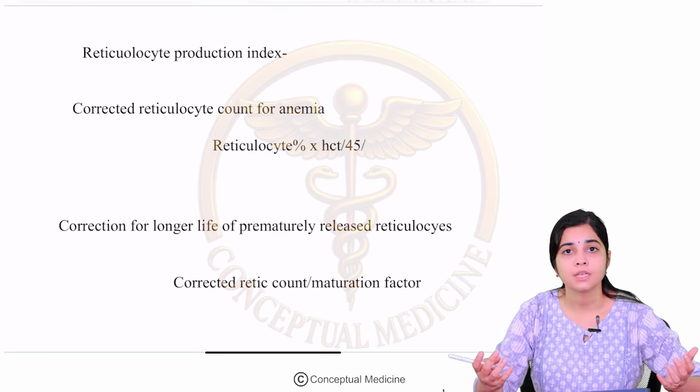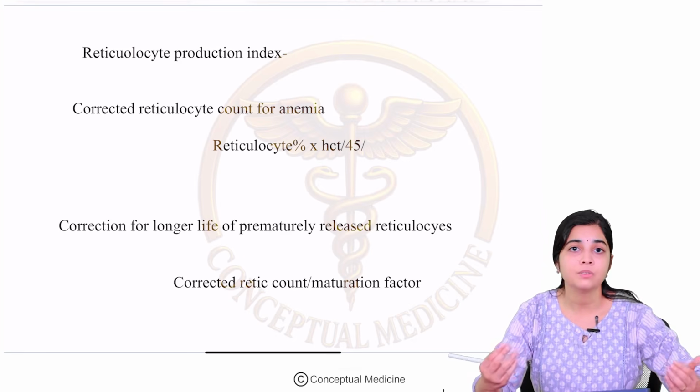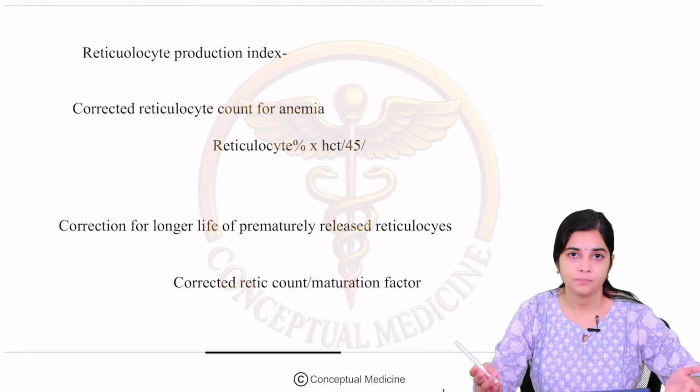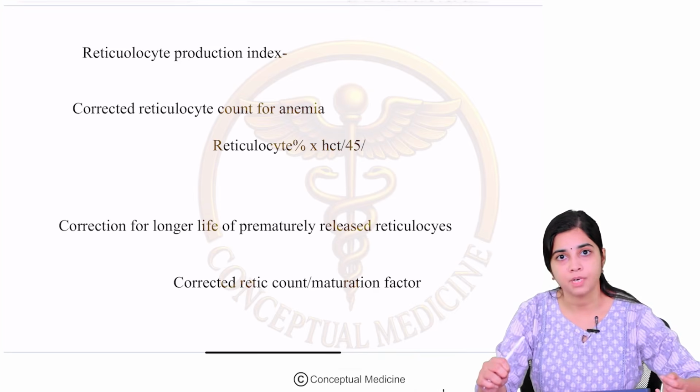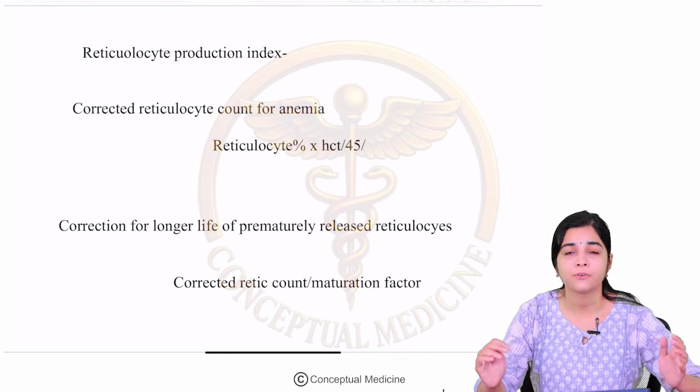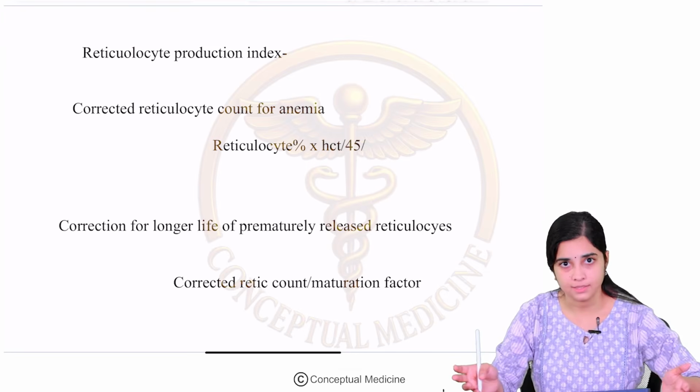In conditions such as anemia, there is going to be increased compensation by the bone marrow, correct? When there is increased compensation by the bone marrow, more and more immature RBCs will be produced in the marrow and released into the blood. So that is what a reticulocyte is. We should be aware of the reticulocyte production index to know what type of anemia this is.